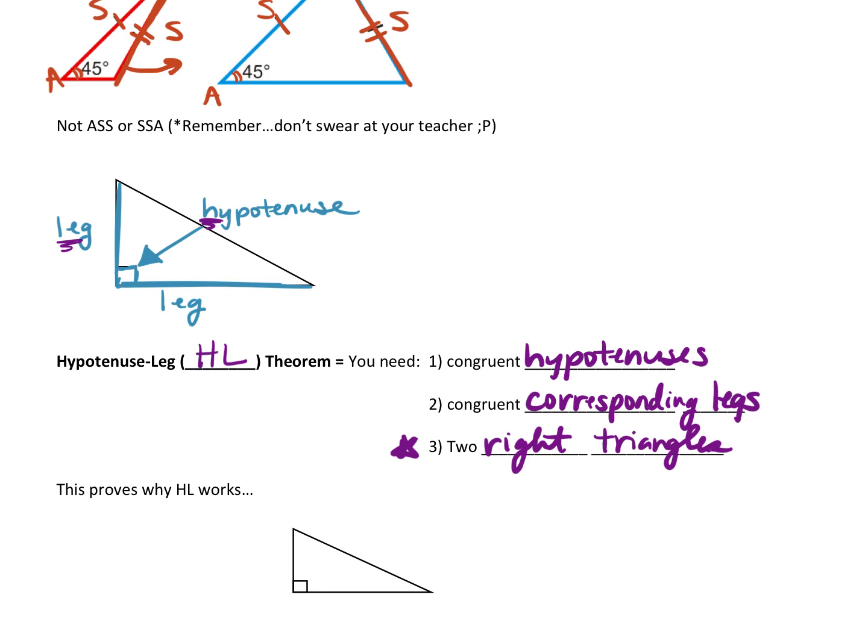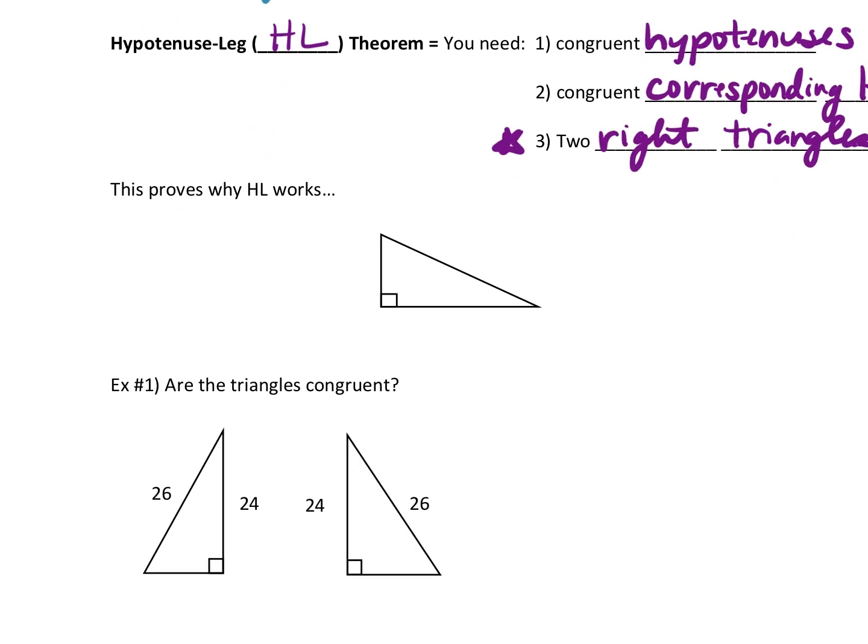Let me show you why this works. The only reason this works with a right triangle is if I extend this leg, okay, and then I measure so that this is congruent to this. So let's say I turn this into a triangle where those two legs are congruent, okay?